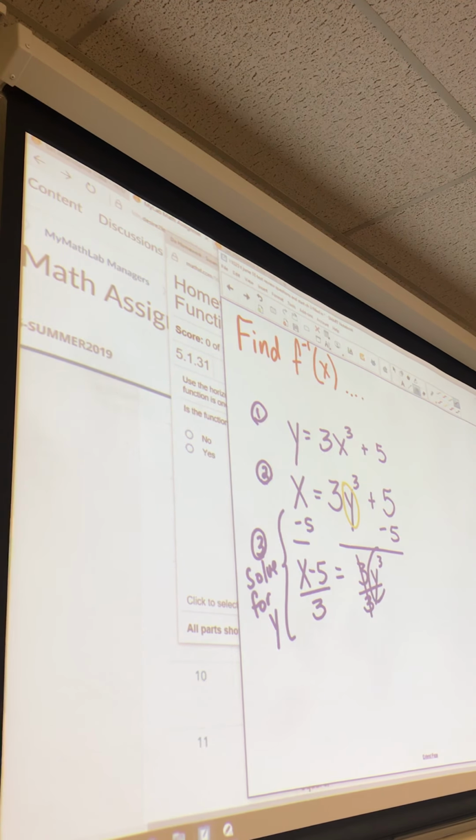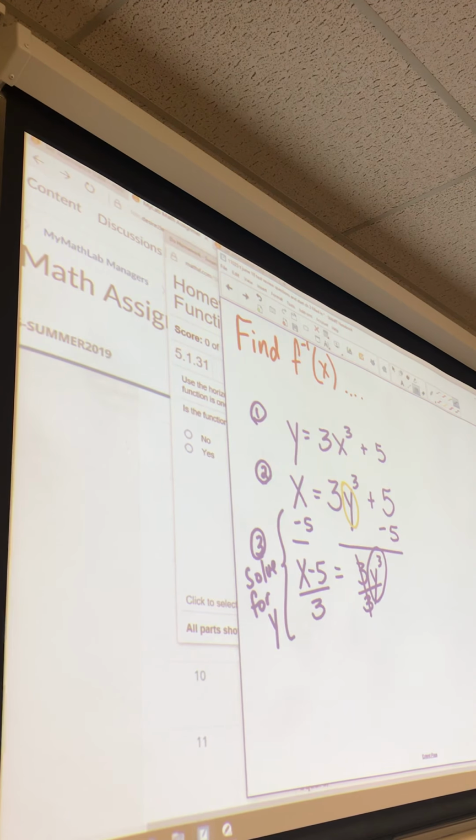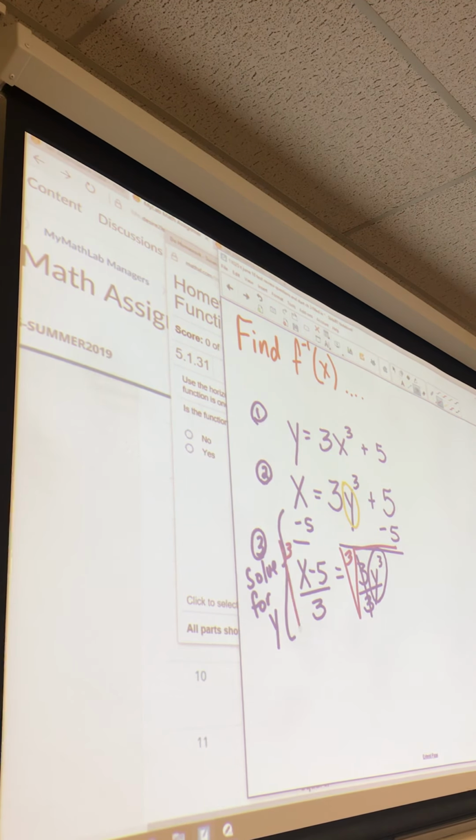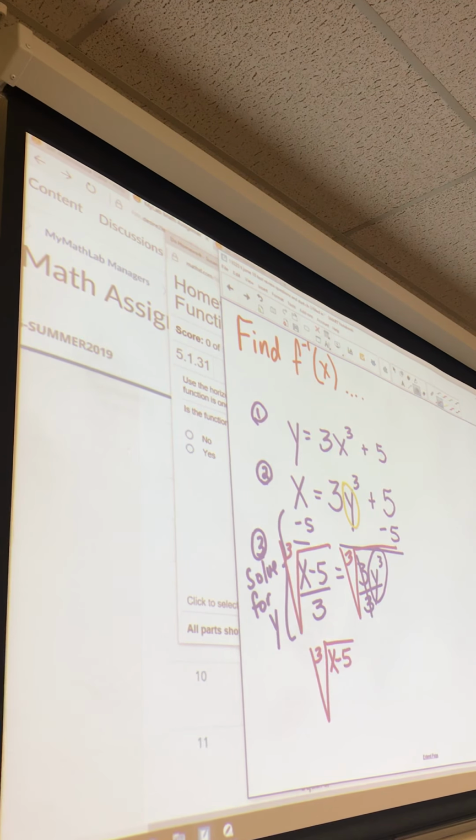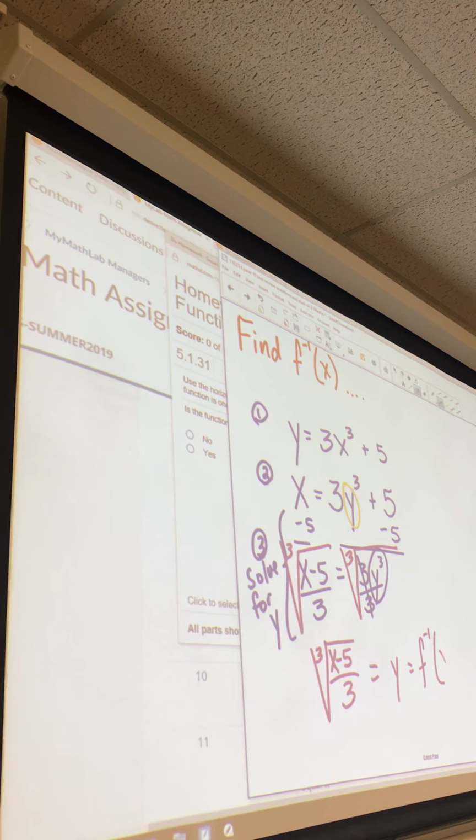Now, see when it's just the y to the third, now we get rid of the cube power, the third power. And so, cube root. And so, that big cube root is our y, which is our inverse for what we started with.